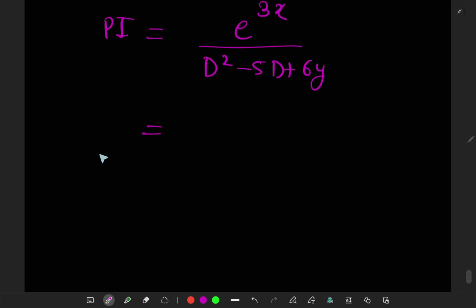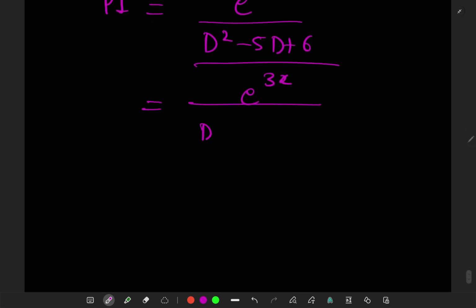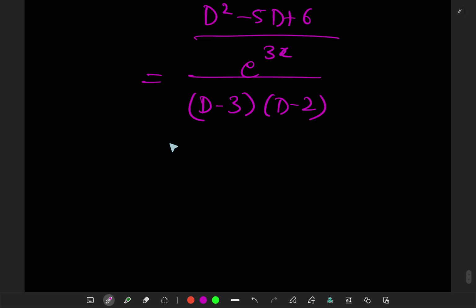So we need to make it like that, 1 upon D minus alpha, 1 upon D minus beta term, using this integration formula. So we can write here like this, this equation can be converted into this equation, because 3 and 2 are the factors of the given equation. So we can write this.